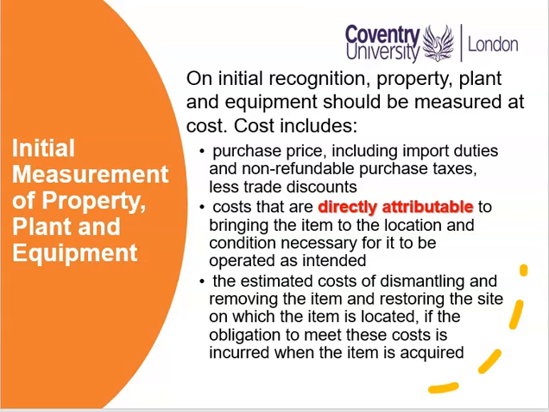If the obligation to meet this cost is incurred when the item is acquired, this is normally referred to as decommissioning cost, where the entity is required to remove the asset at the end of its life. The cost of such removal, discounted to present value, will be added to the cost of the asset.